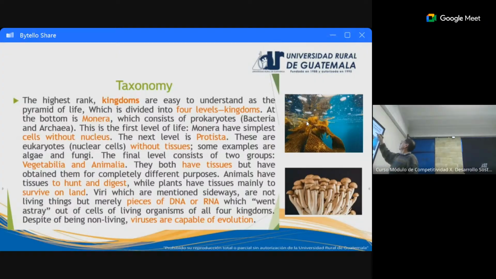These are examples of algae, and here we have fungi. So we're talking about these living organisms.